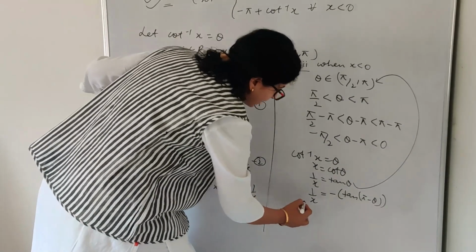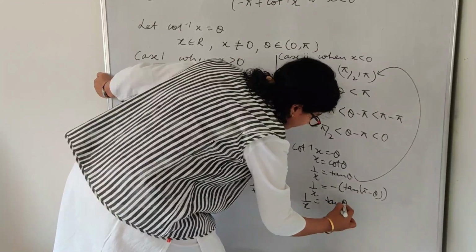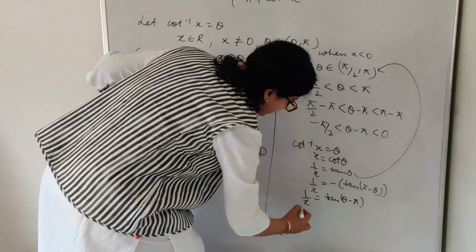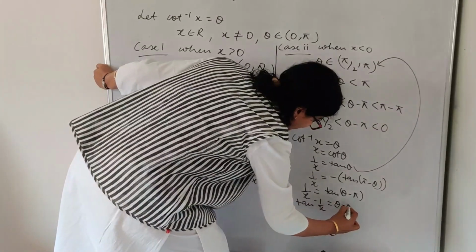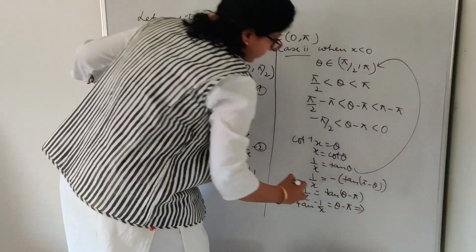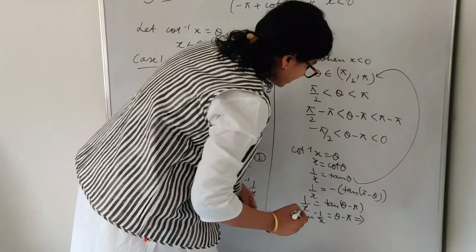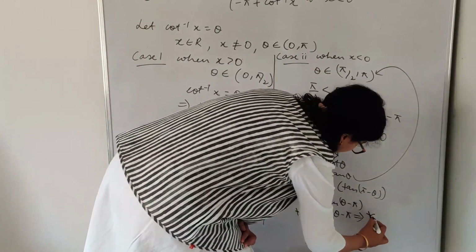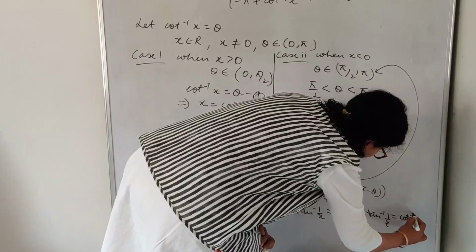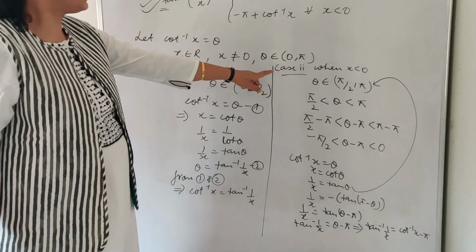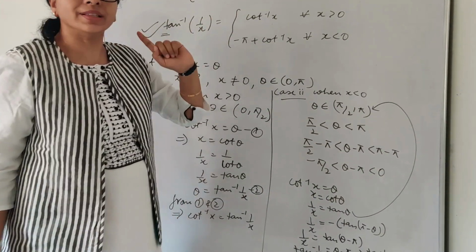So now I can write 1 by x equals tan of theta minus pi. Okay, so tan inverse 1 by x equals theta minus pi. What does that imply? Substitute here the value of theta, which is cot inverse x. So tan inverse 1 by x equals cot inverse x minus pi. So in case second, whenever x is less than 0, it will be minus pi plus cot inverse x.